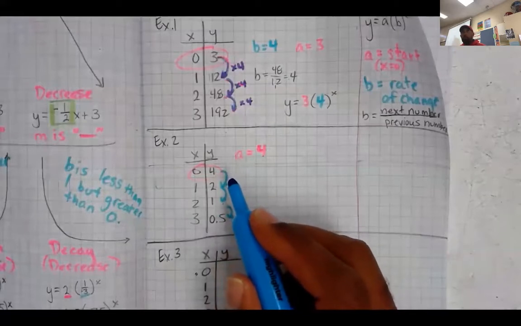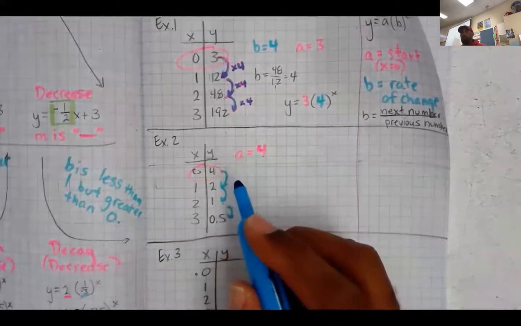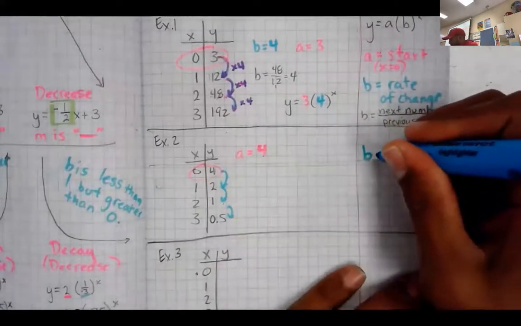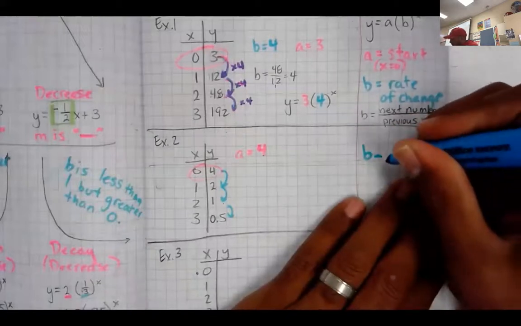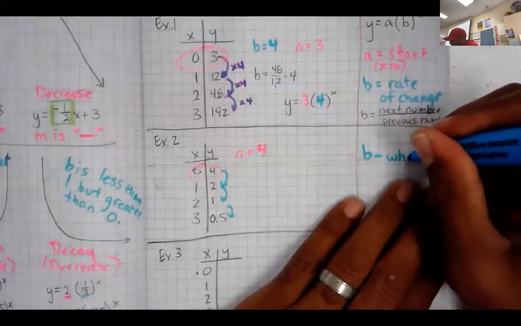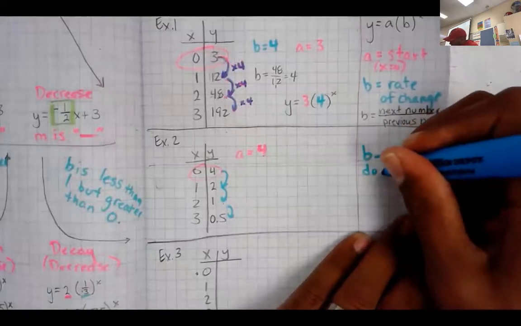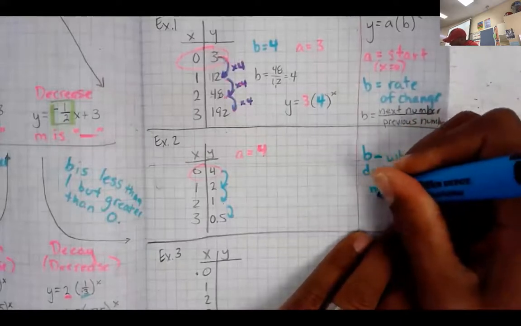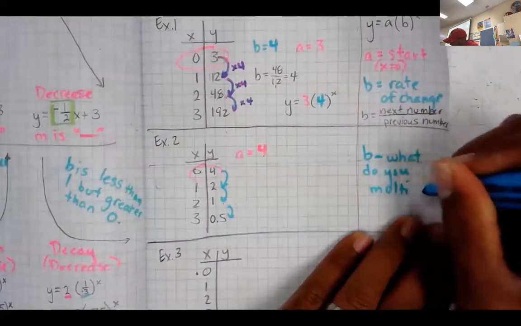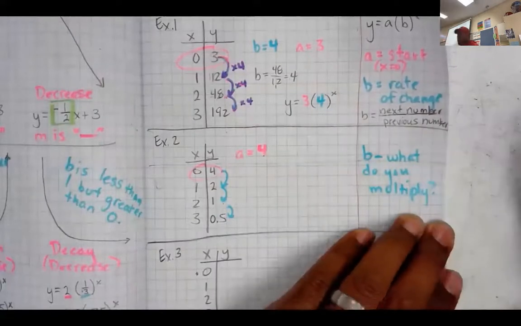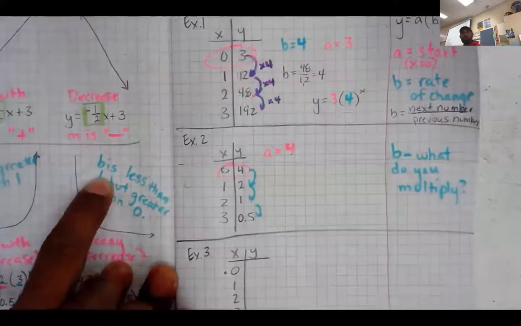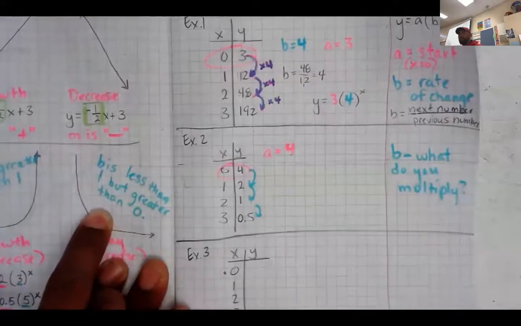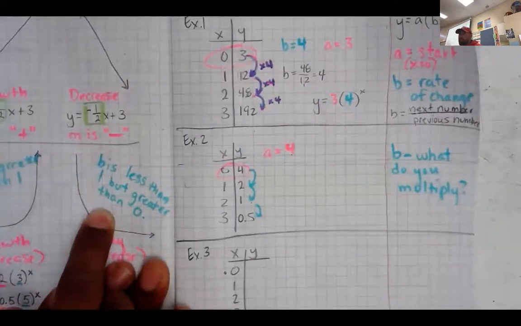But remember that when you are looking at the b value, you have to ask yourself, what do you multiply? And when it's going down, if you remember that b is going to be less than 1, so it's either going to be a decimal less than 1, or it could be a fraction less than 1.